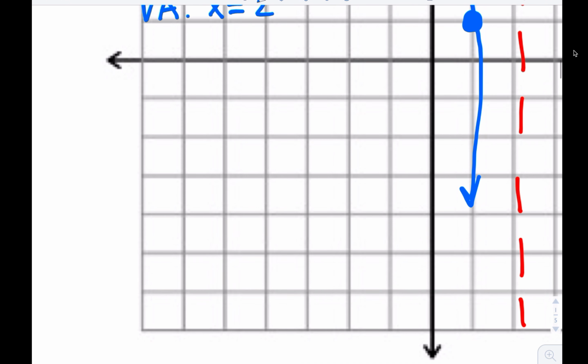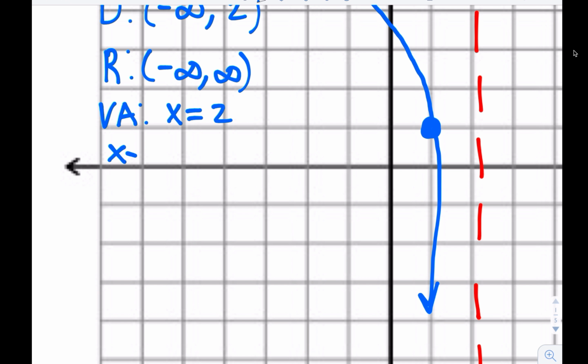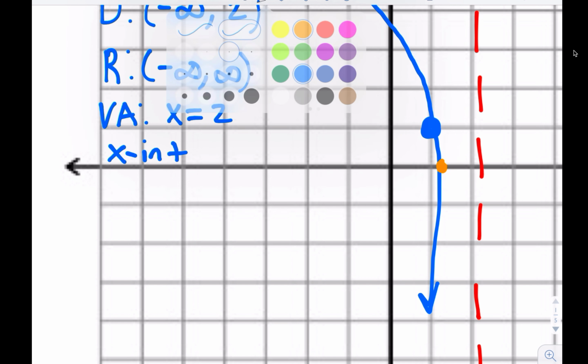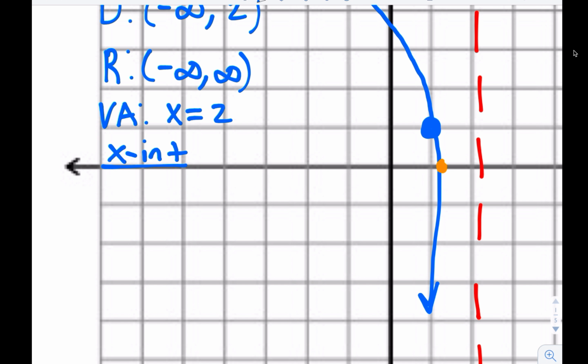Now my x-intercept is going to be a little bit different, because we moved the graph around. I don't know exactly what this point is, but I can figure that out just by setting it up. For my x-intercept, I'm going to take ln of (2 minus x) plus 1 and set it equal to 0.